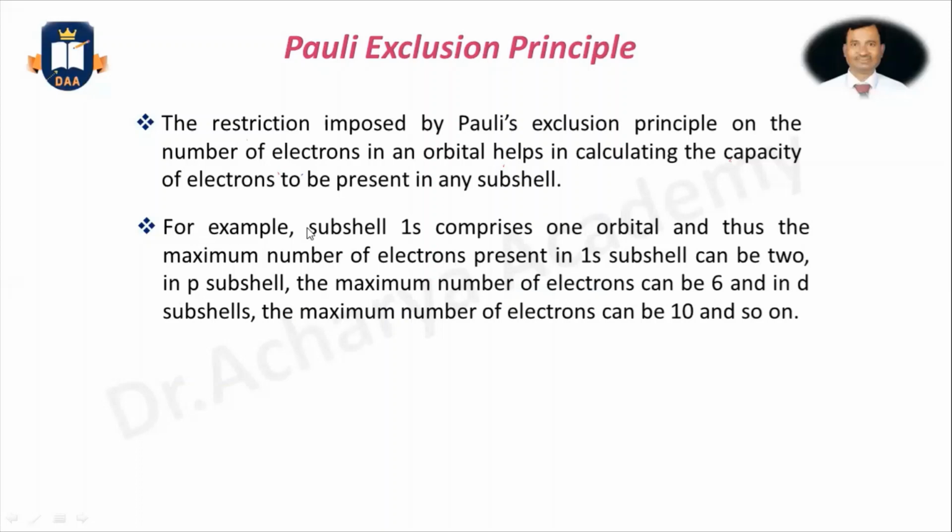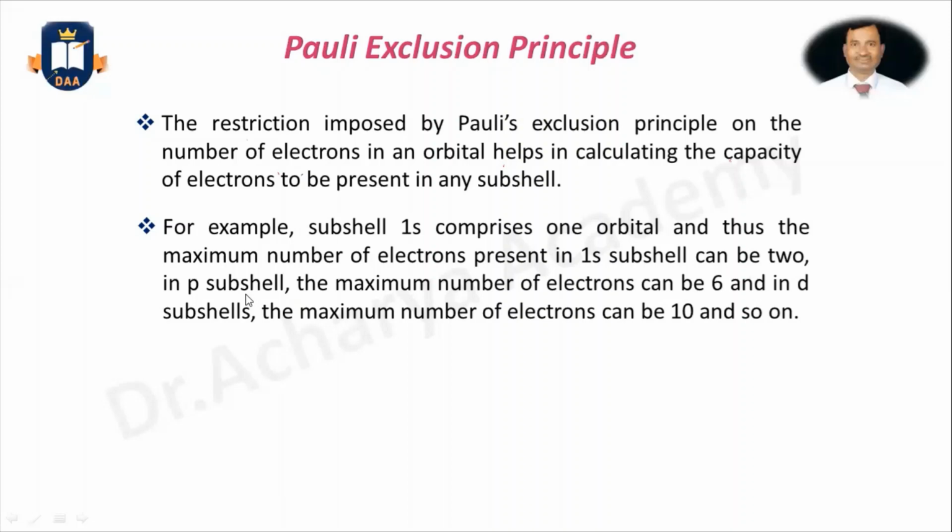For example, the 1s subshell comprises 1 orbital only. We know from the previous class that it is an s orbital, and thus the maximum number of electrons present in the 1s subshell should be 2. And in the p subshell, how many? Because the p subshell has 3 orbitals, px, py, pz, each one will have a maximum capacity of 2 electrons.